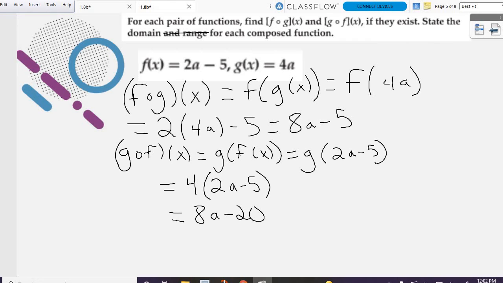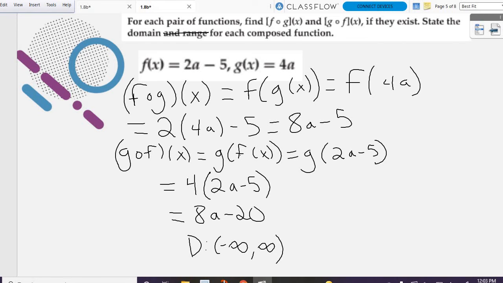No, because they're polynomials, okay? Then does my ending function have any type of domain restriction? No. So we could say that our domain is going to be all real numbers.